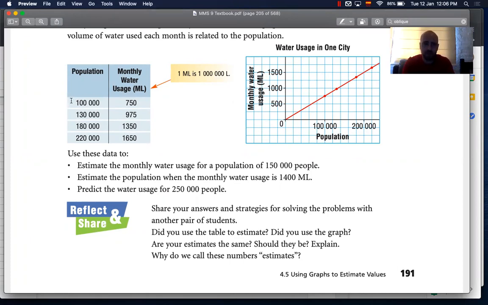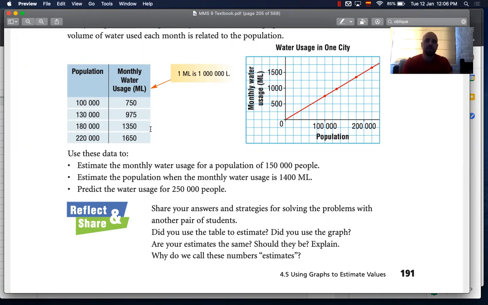When they have a population of 100,000, they are using 750 megaliters per month. When we have a population of 130,000 people, 975 megaliters. 180,000 people. So obviously, as the population grows, we're able to see an increase in the water usage.